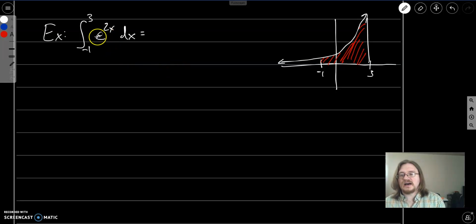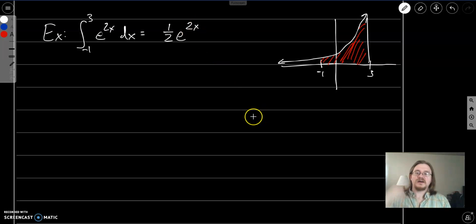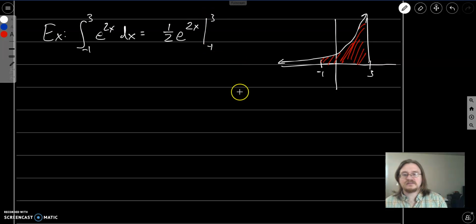So again, e to the 2x, e to a number times x is quite a nice antiderivative to take. E to the something times x, we always get it as an antiderivative divided by that number right there. And again, I need to just plug in my bounds.